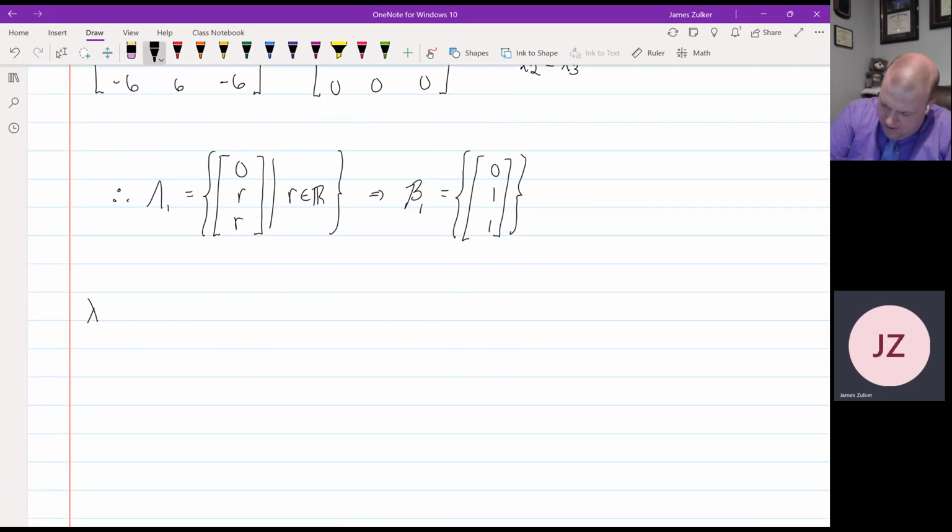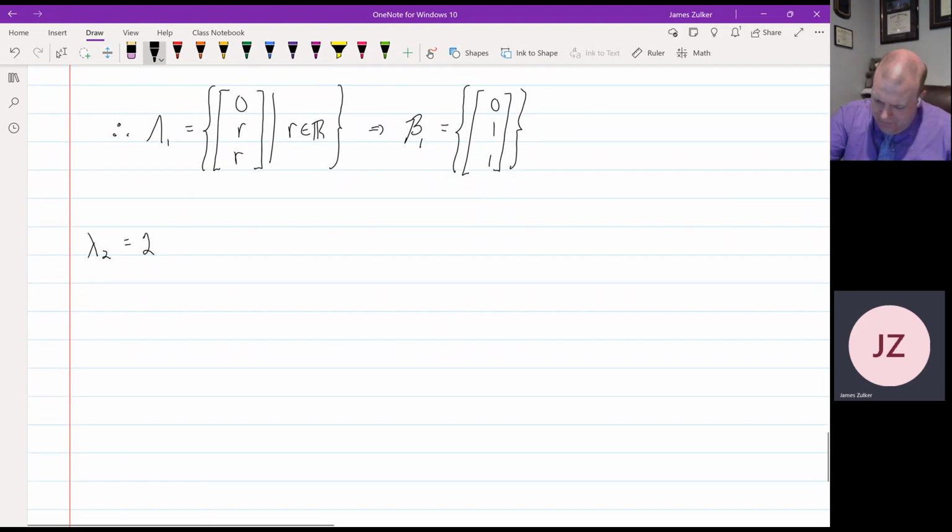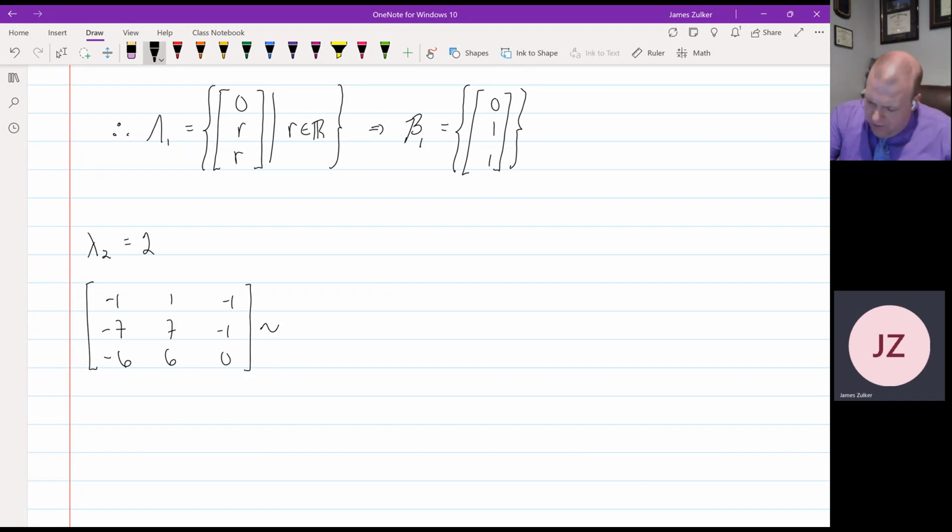Now finally, for the eigenvalue 2, we'll reduce this.